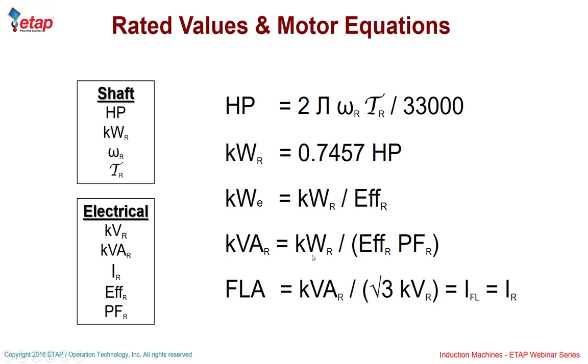Rated kVA is rated kilowatt divided by efficiency and power factor. And full load amp is rated kVA divided by square root of 3 times kV rated, because the kV rated is line-to-line voltage. And we refer to this as full load current or rated current.